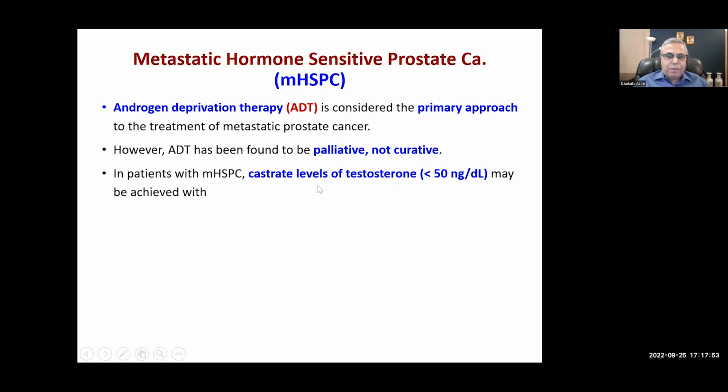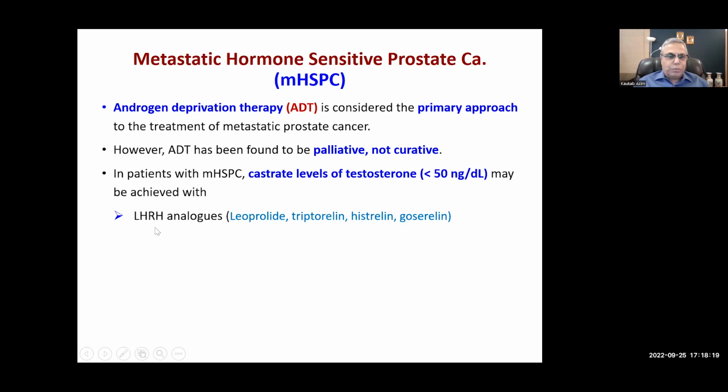So the level of testosterone that we are trying to reach is below 50 nanogram per deciliter. That is known as castrate level of testosterone. Okay, if you reach this level, that means you have successfully reduced the level of testosterone. You have successfully reached an androgen deprivation state.